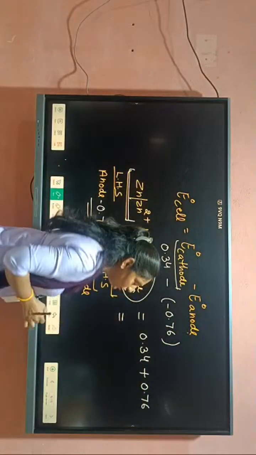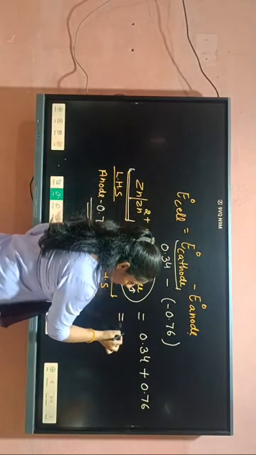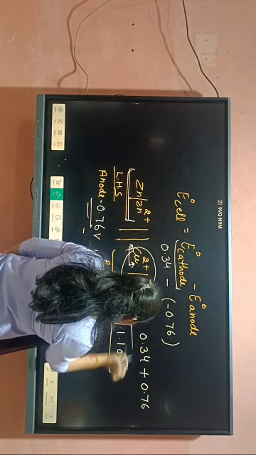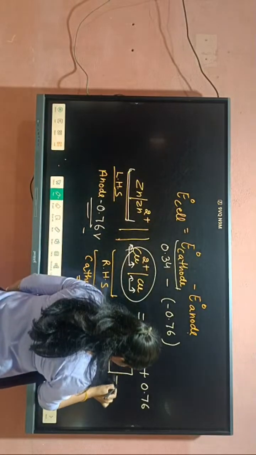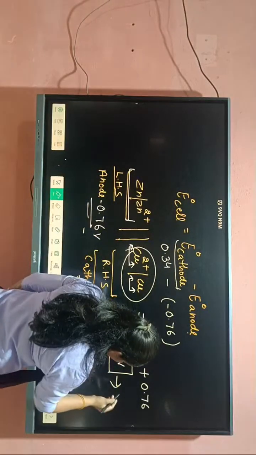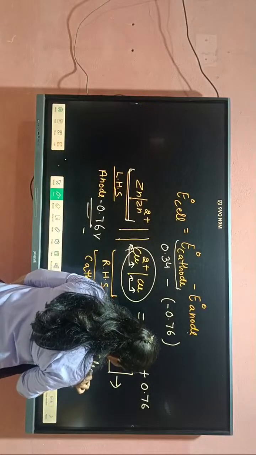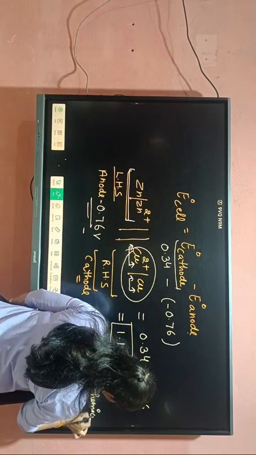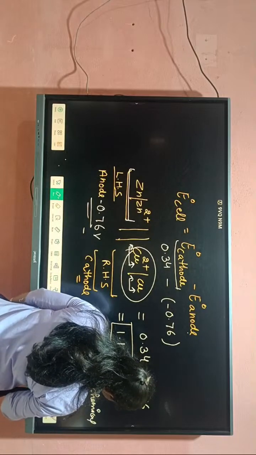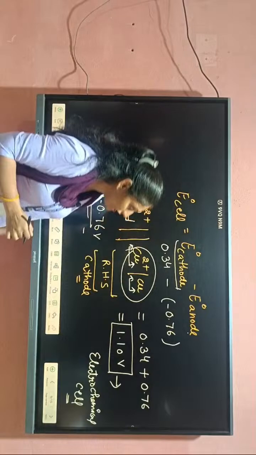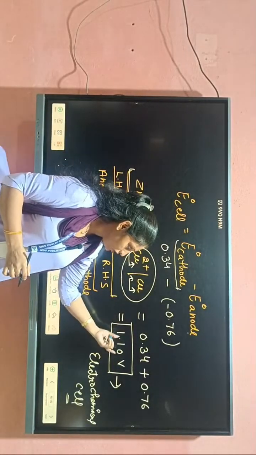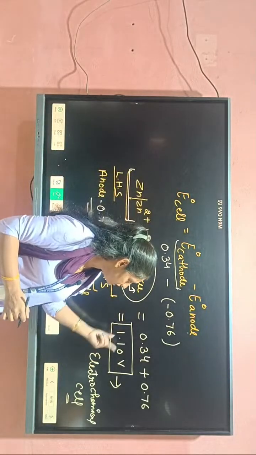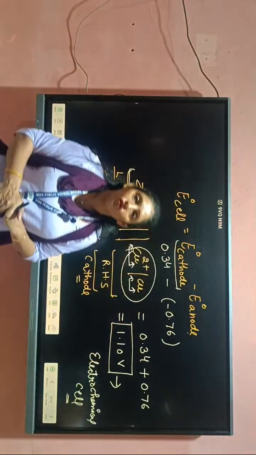After adding, you get 1.10 volt. So this is the standard E naught cell, the standard potential of the electrochemical cell. Students, this is the process of how you can calculate it, but sometimes it can be asked directly. So keep in mind that the standard electrode potential for this electrochemical cell is 1.10 volt.